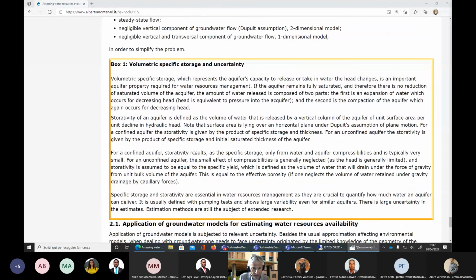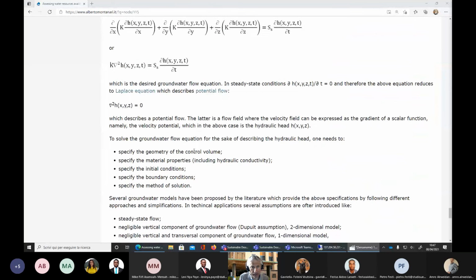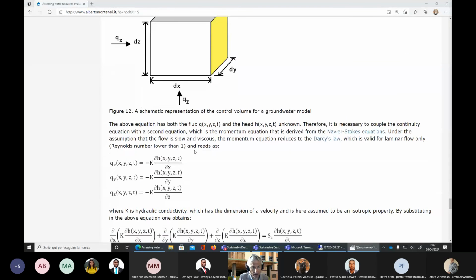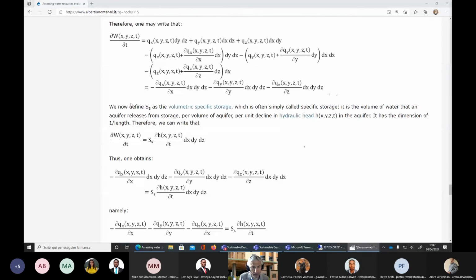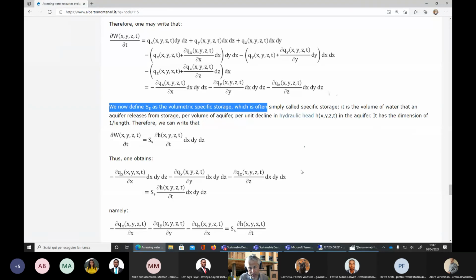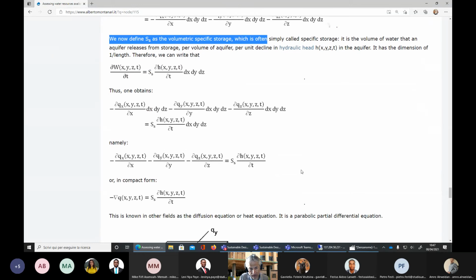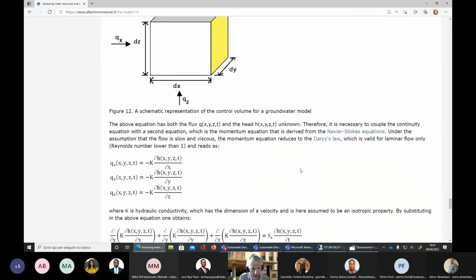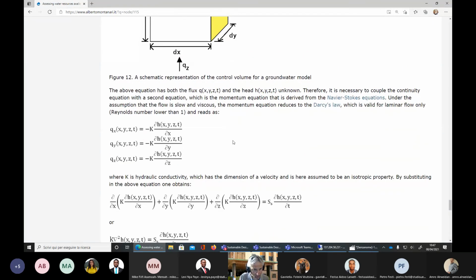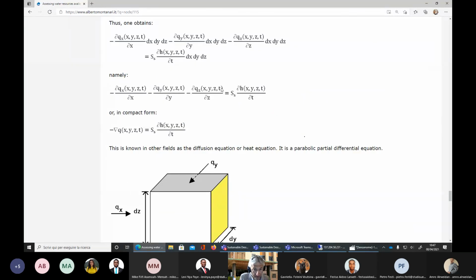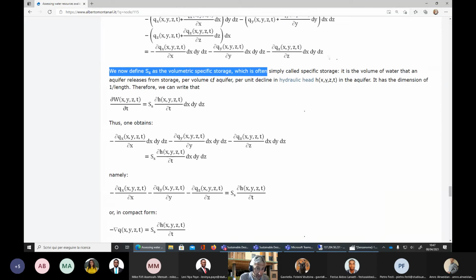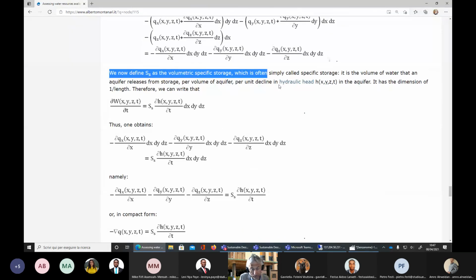Have a read at it. Because we got here with our computation, volumetric specific storage, with our development of this mass balance equation. Actually, I think we already got somewhere here. But okay, let's say that we got here.